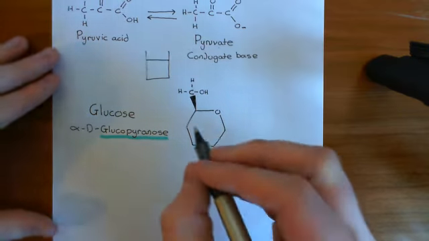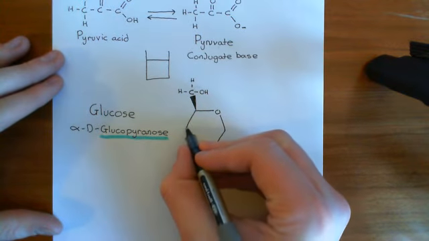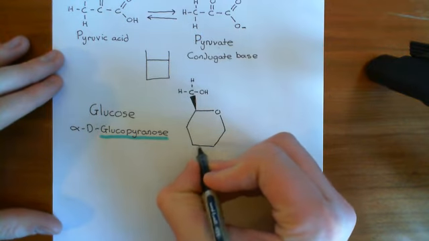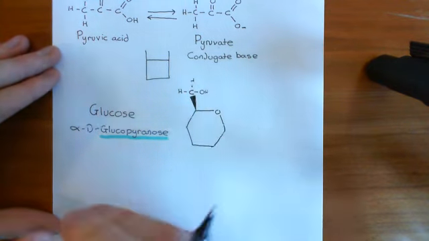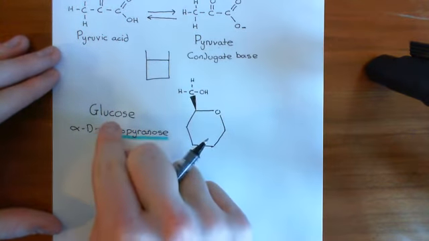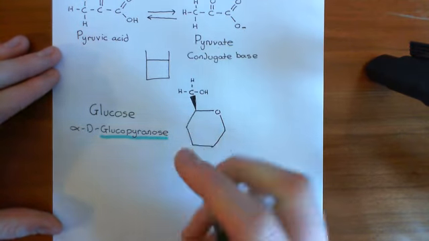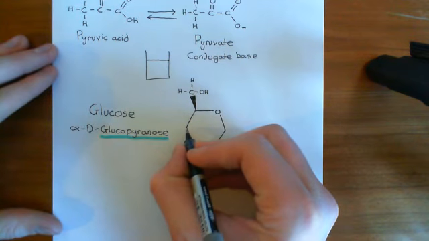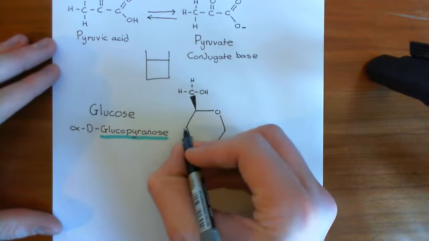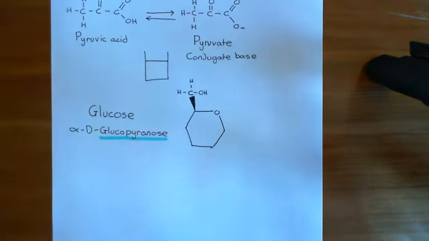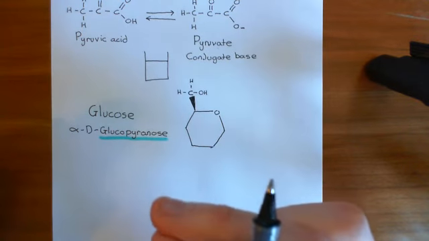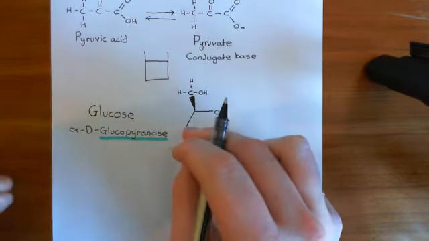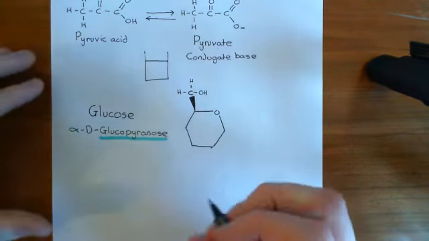Right, now, the optical isomerism of this carbon's groups, and this carbon's groups, are absolutely set. The instant you talk about glucose, those are set, okay? Each one of these carbons has an alcohol group coming off it and also a hydrogen atom coming off it. You have to decide whether you want the alcohol group to go into the page away from us and the hydrogen to come out of the page towards us, or if you want the hydrogen to go into the page away from us and the alcohol group to come out of the page towards us.